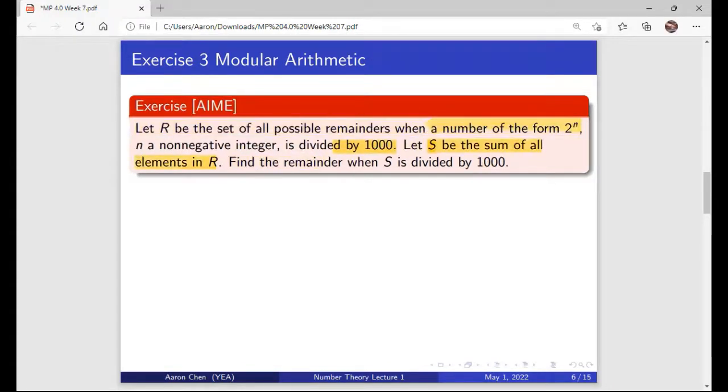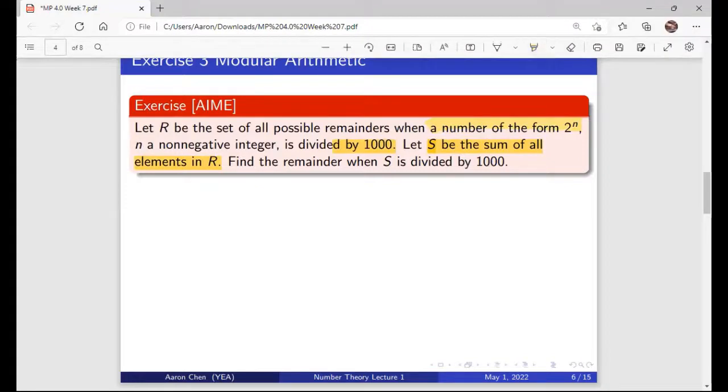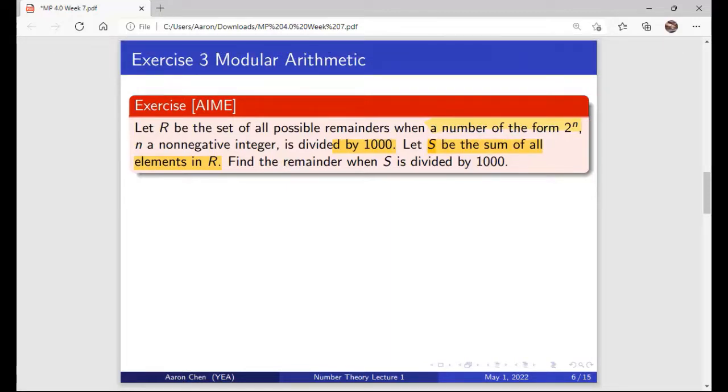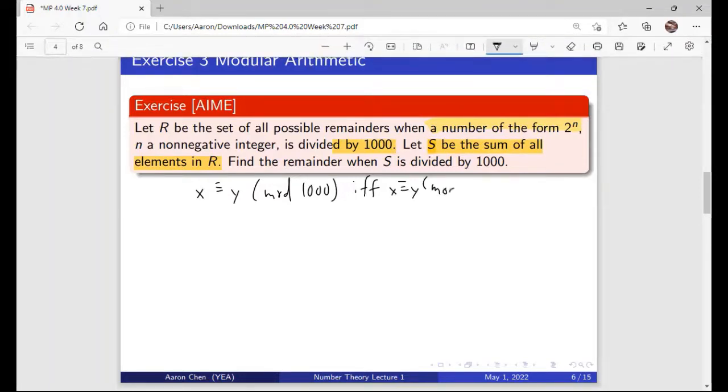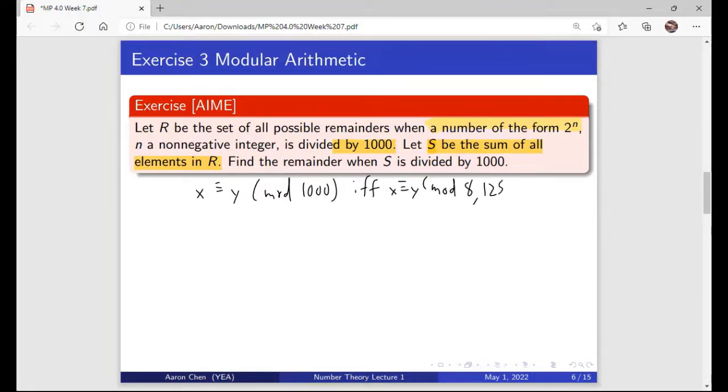So we want to find the sum of all possible R. All right, so you can see that x is congruent to y mod 1000 if and only if x is congruent to y mod 8 and mod 125.